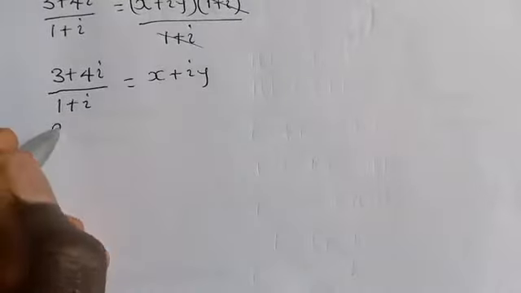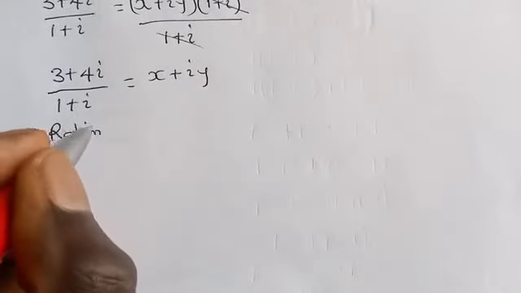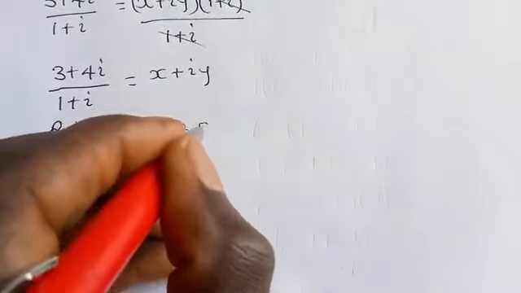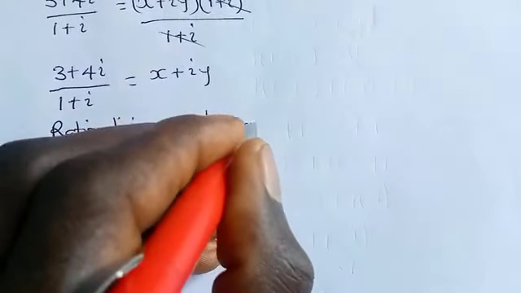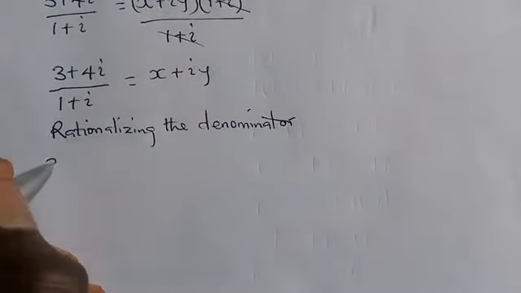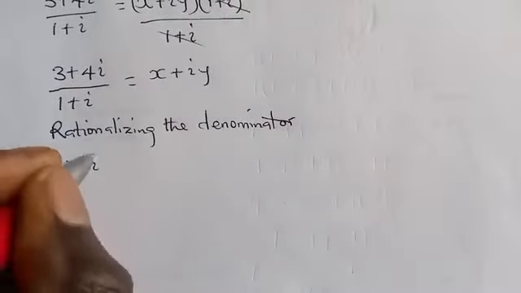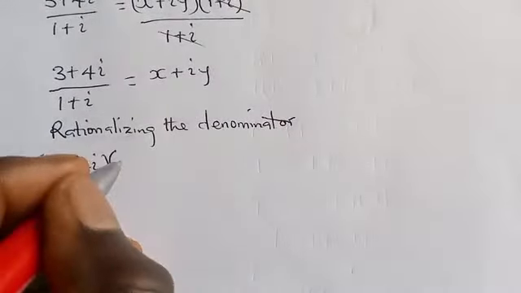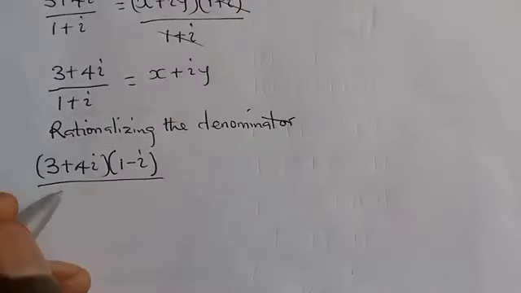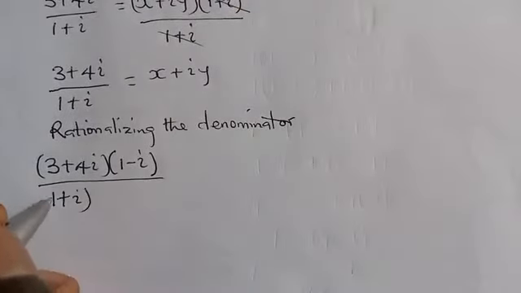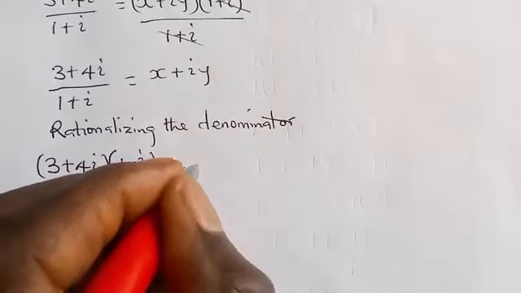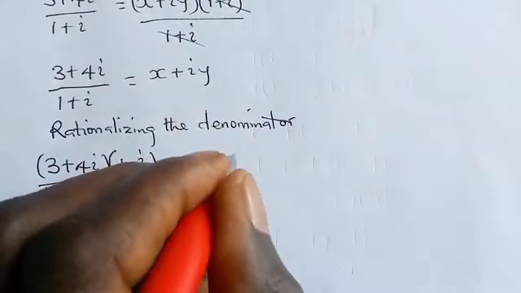So rationalizing the denominator, we are going to have 3 plus 4i multiplied by 1 minus i, that's the conjugate of the denominator, divided by 1 plus i multiplied by 1 minus i, all equal to x plus iy.